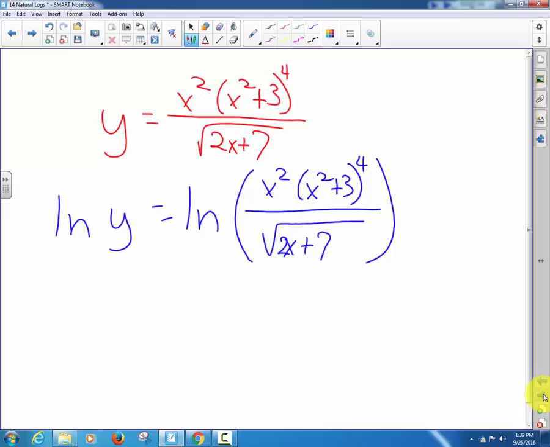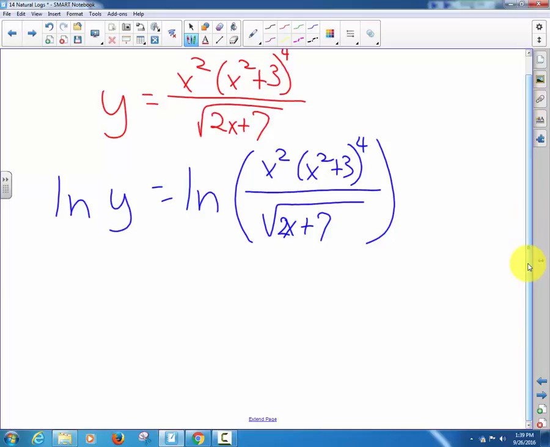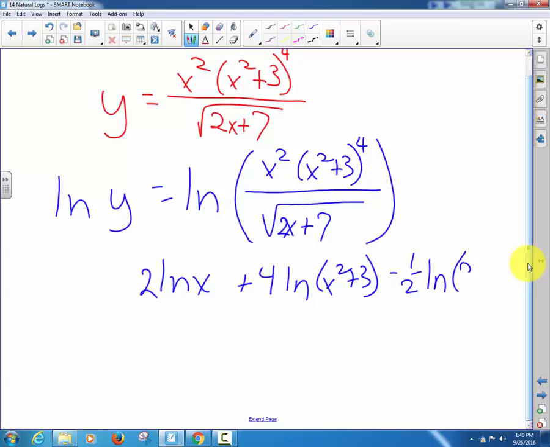Suddenly, look at what we can do on the right-hand side. We can write it as 2 ln of x plus 4 ln of x squared plus 3 minus 1/2 ln of 2x plus 7, can't we? Well, that's much easier to take the derivative of. But now I've got to take the derivative of the left side. What's the derivative of ln of y?